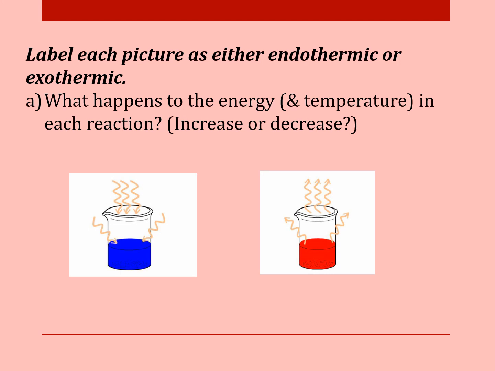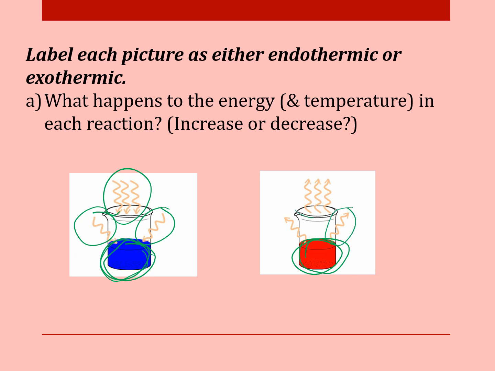So let's try to label each picture as an endothermic or exothermic process. In order to do this, we need to identify what our system is. Our system is going to be whatever that liquid is in the beaker. So what is happening to that liquid? Right now, that liquid is getting energy added to it. That means it would be an endothermic process.